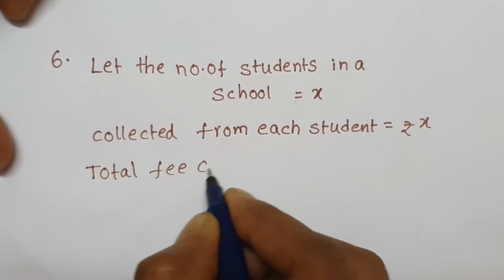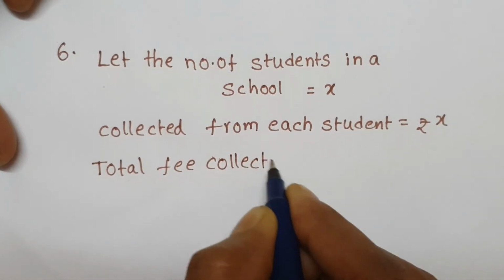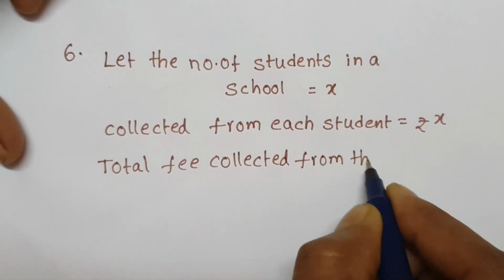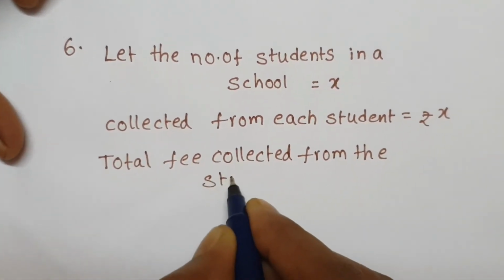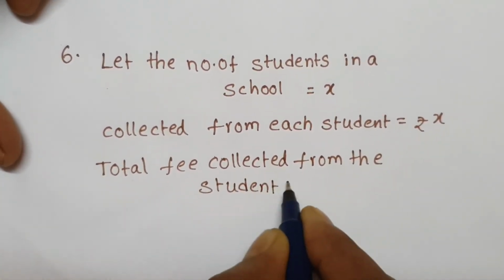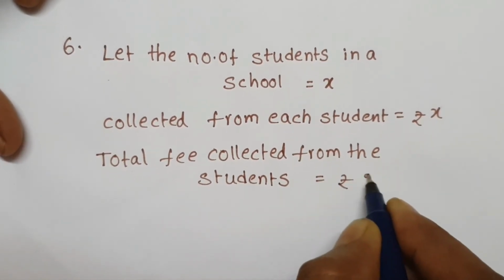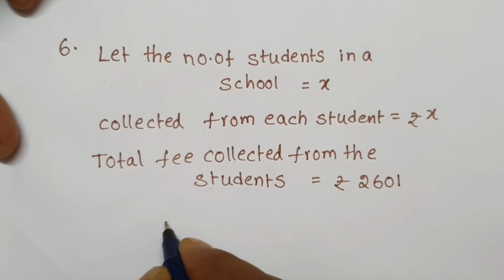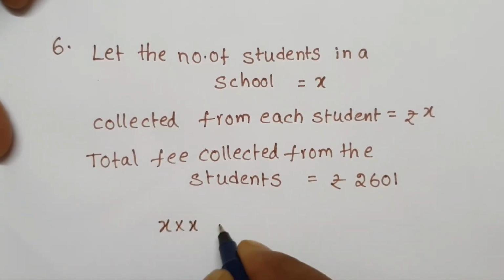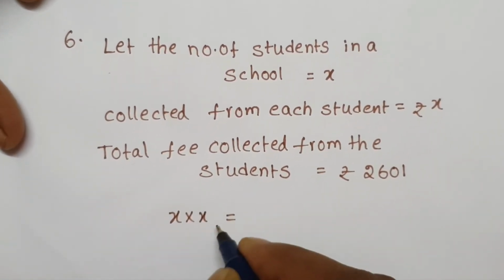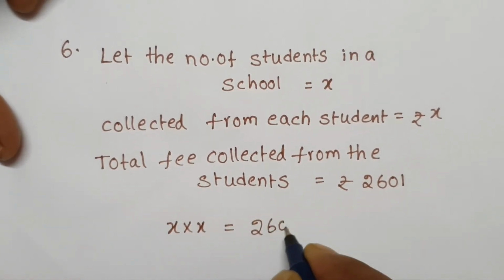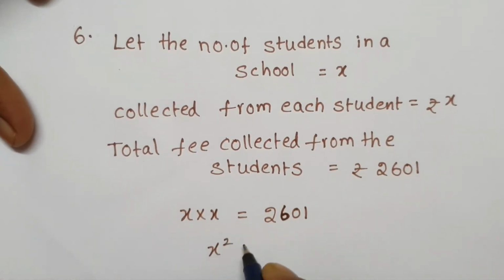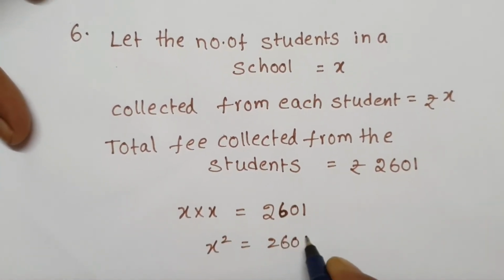Total fee collected from the students. They given 2601 rupees. Now according to the problem, x into x equal to 2601. X square equal to 2601.